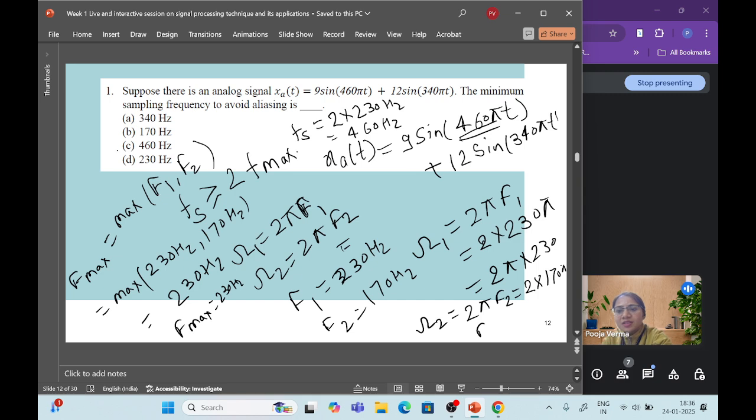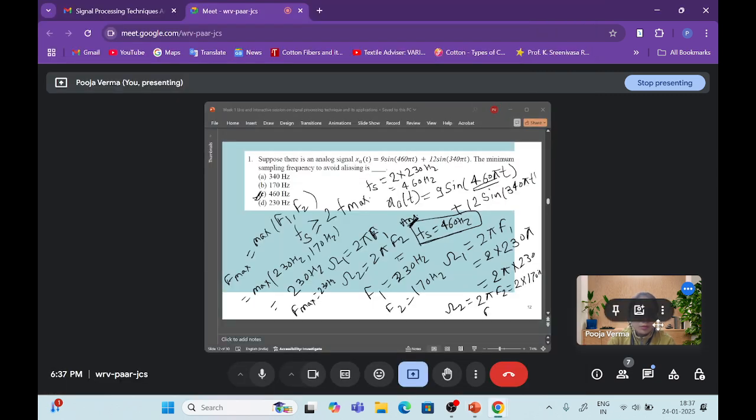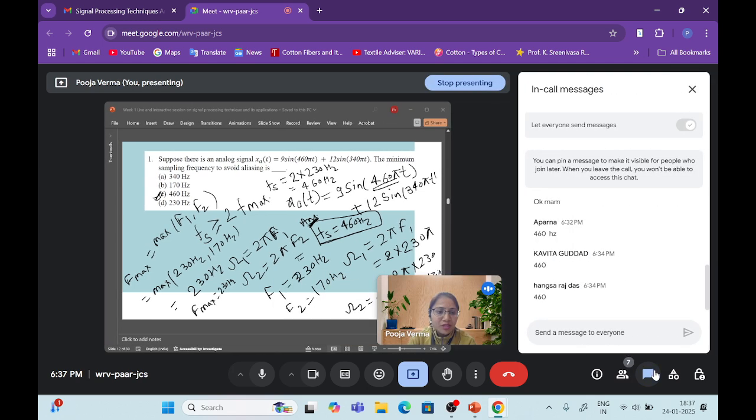Option C is the correct answer for this question, that means Fs is equal to 460 hertz. This is the answer. I hope all of you have solved this question. Have you understood this question?